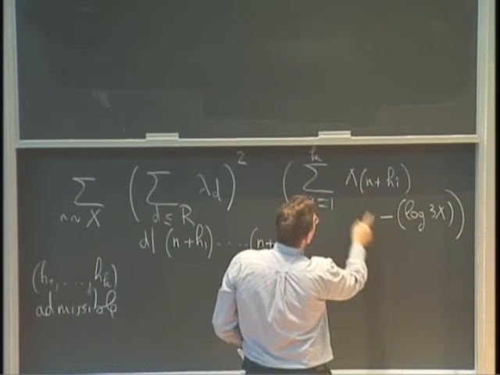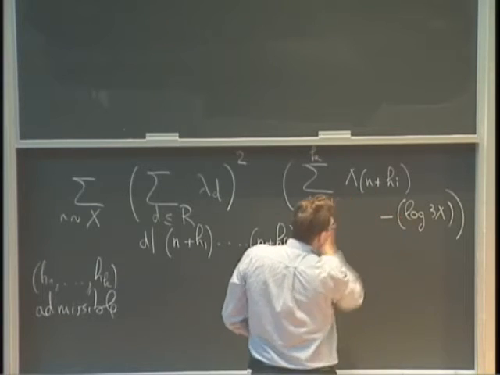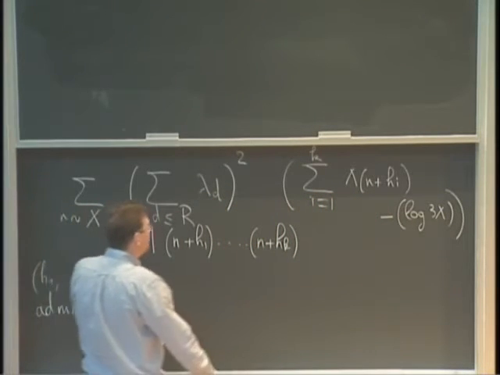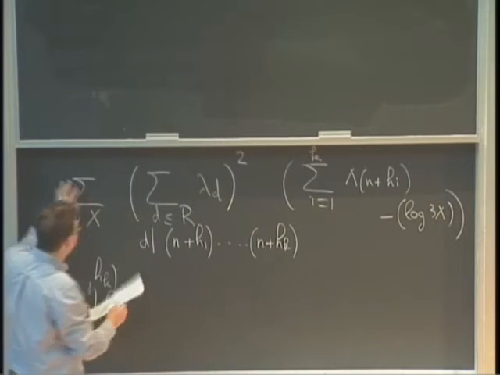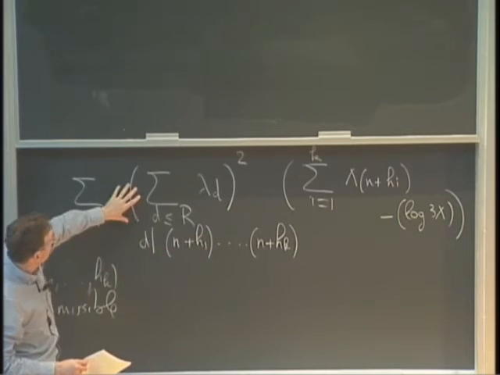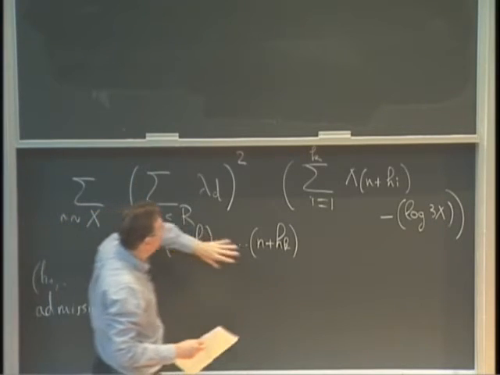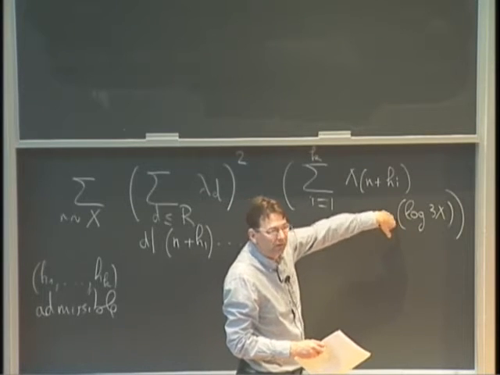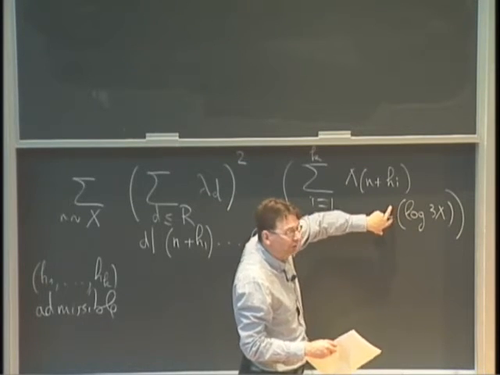So if this is strictly positive, there has to be at least two primes. I said one prime, but of course you need at least two to get bounded gaps. Okay? And so what did they get? This is exactly the type of expression that James was dealing with, except that he had a more refined version of the sieve weights here, and that allowed him to do it even with a multiple of log x instead of just a 1 here.